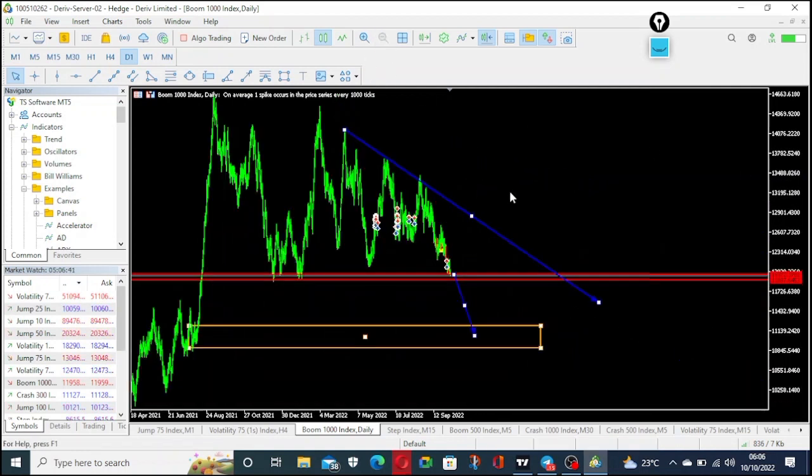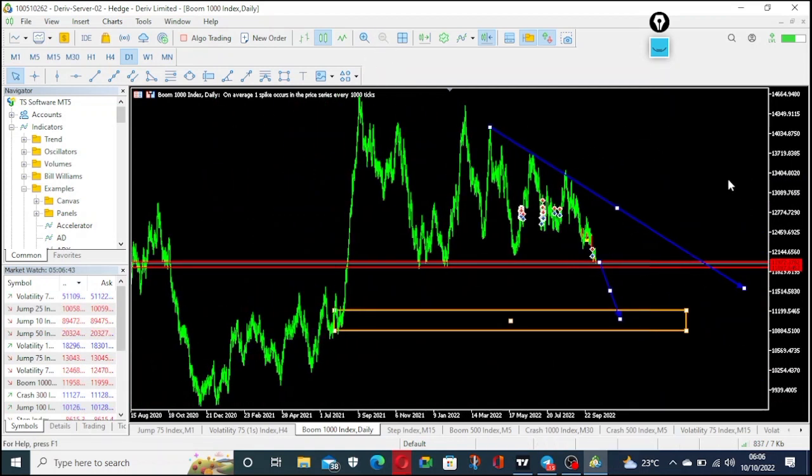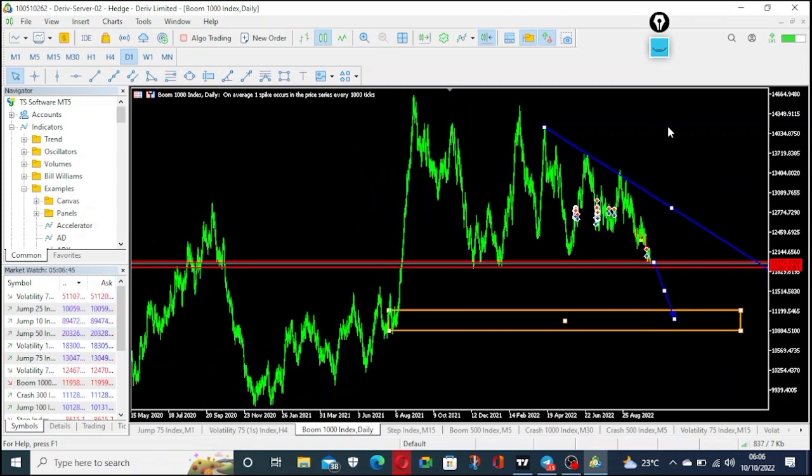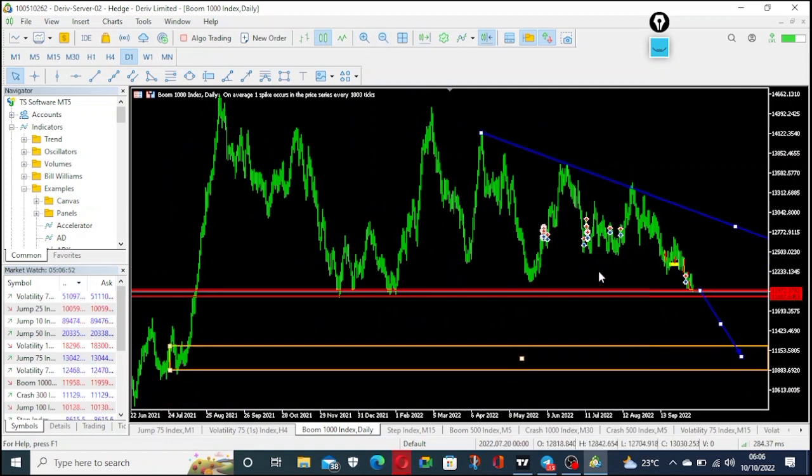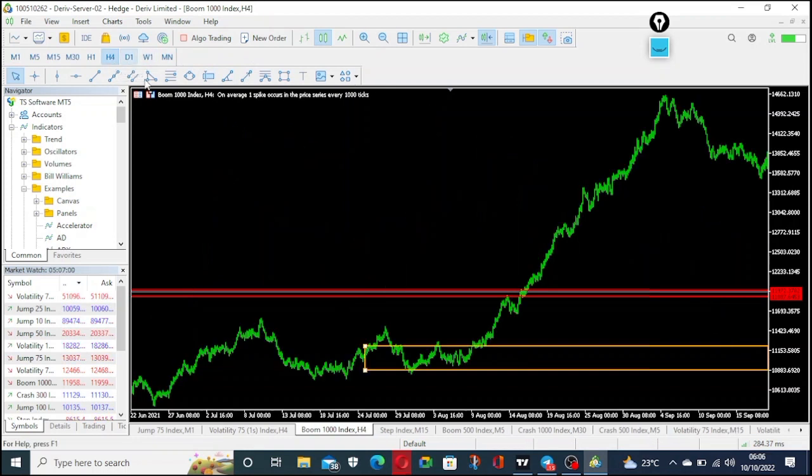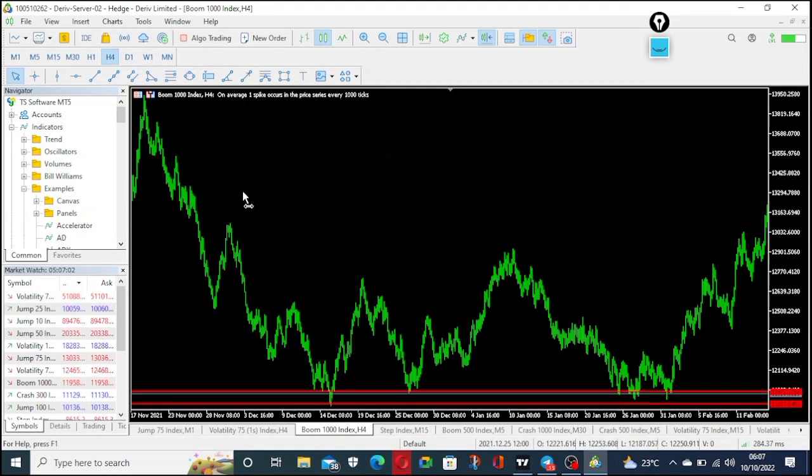Let me scale down. You can see that price has actually broken through this first line and it's coming to this second line, and that's a sign that price is breaking out already.